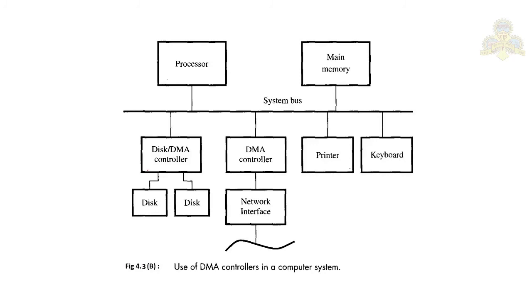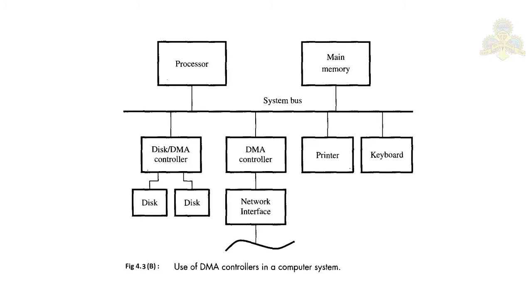The processor originates most memory access cycles. Your DMA controller can be said to steal memory cycles from your processor. Here you have to understand the word steal. That means your DMA controller uses the memory access cycles which are originated from your processor.